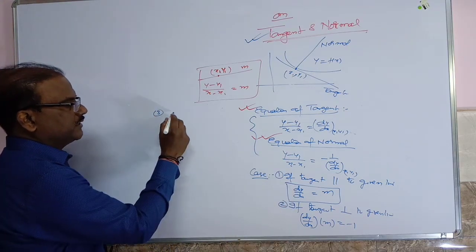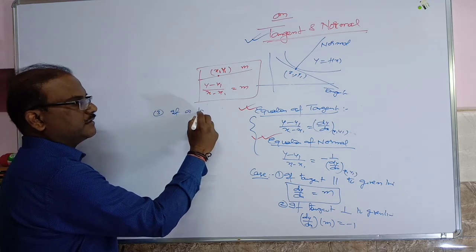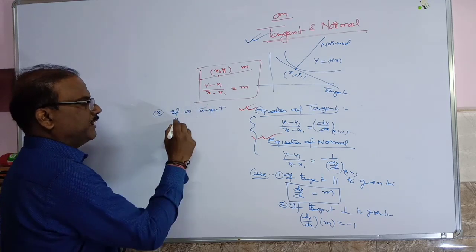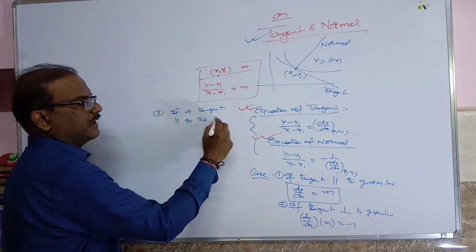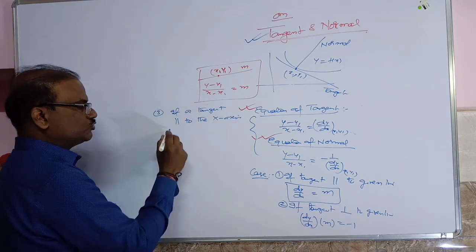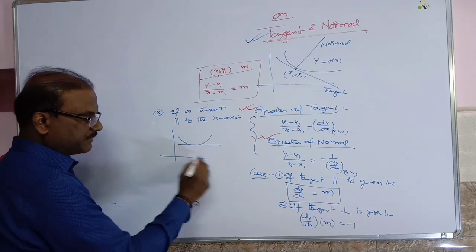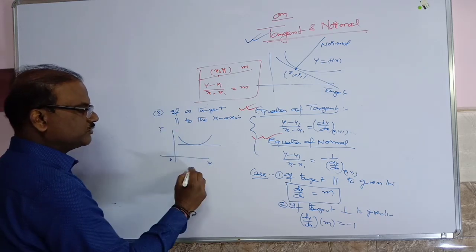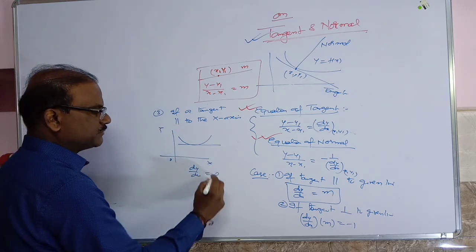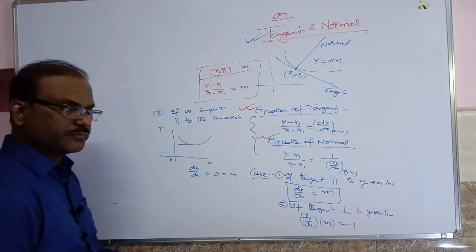Now the third part, if a tangent is parallel to the x-axis, as usual, suppose any tangent is like this which is parallel to the x-axis, we have to keep dy by dx equal to 0.